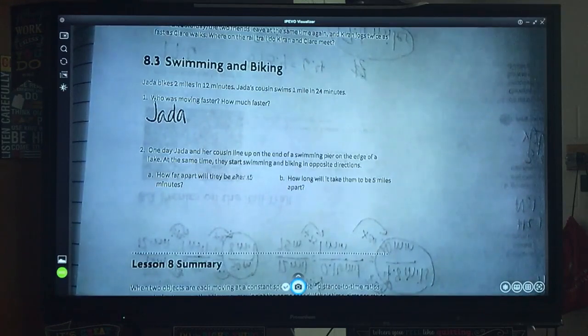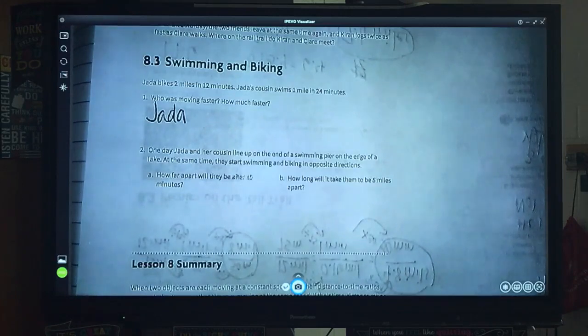Well, no, because since Jada also did 2 miles in 12 minutes, I just divided by 2. So I got 1 for 6 minutes, and then I divided by 2 again to get like point. Wait, hold on. 0.5, I think. Wait, hold on, let me do my.